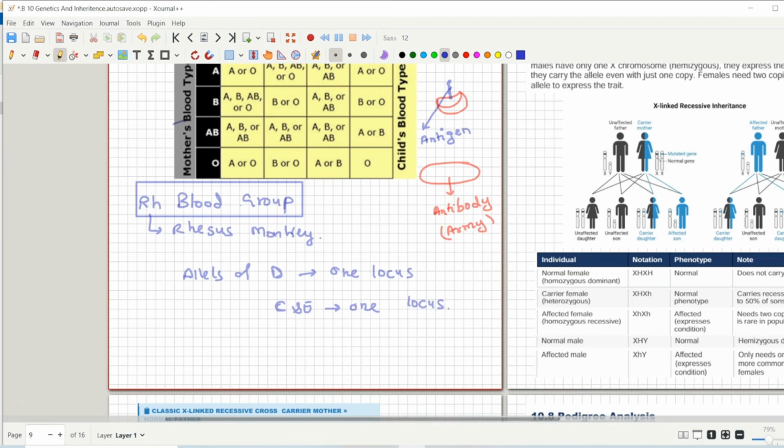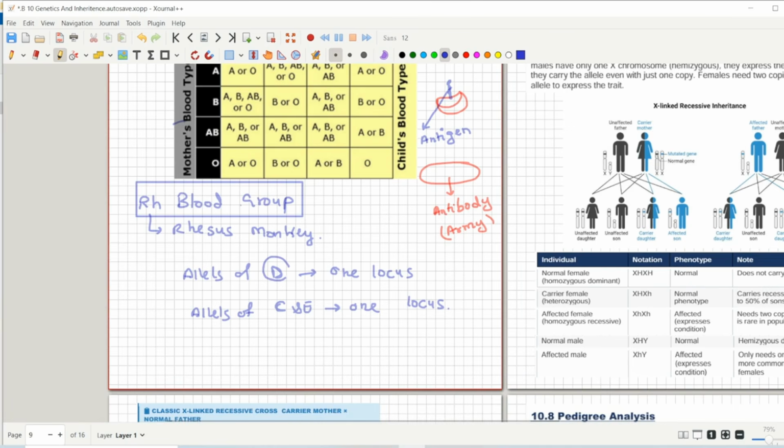You have studied until now that each allele will have its own locus, but C and E are both present on one locus. So alleles of C and E are on one locus and D on another.